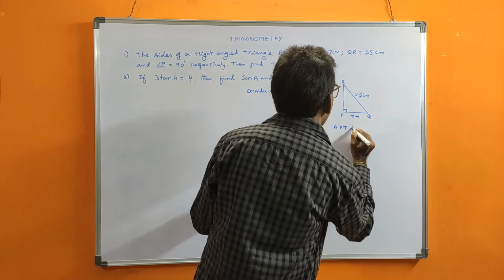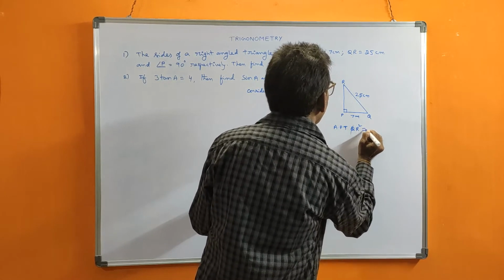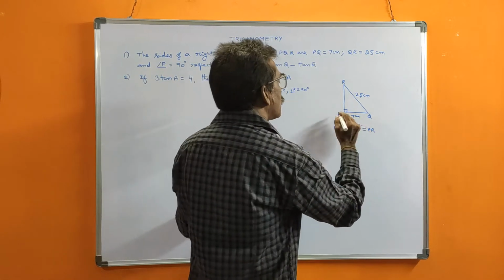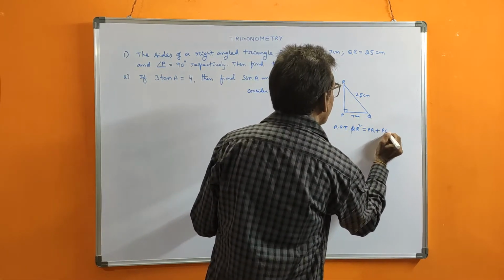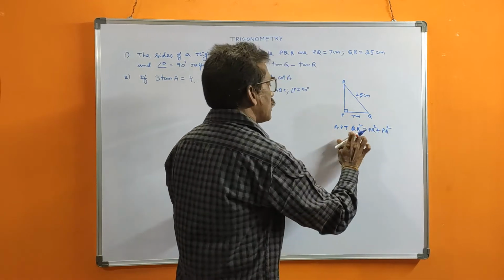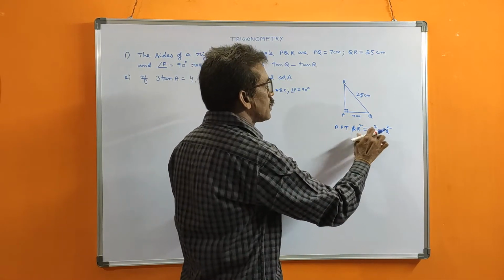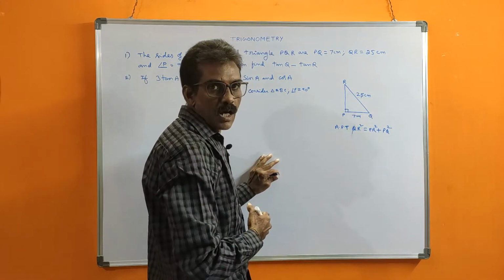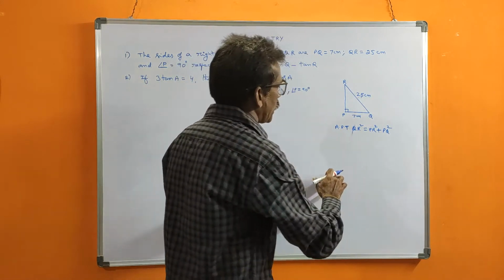QR. QR squared is equal to PR squared plus PQ squared. So the hypotenuse squared is equal to the sum of the squares of the remaining two sides. This is the hypotenuse, Pythagoras theorem.